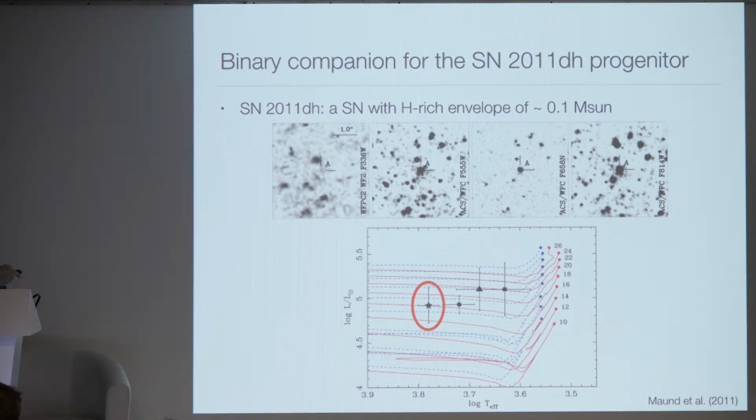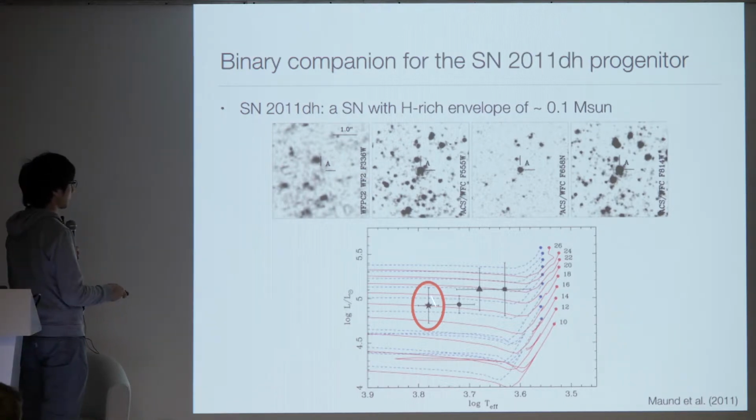So this is one example, a supernova that exploded in 2011, and at the location of this supernova, there happened to be an image from the Hubble Space Telescope, and people went back to the previous image and found a star at the location of the supernova. This is the star which exploded. This star disappeared after the explosion, so we know this was the progenitor.